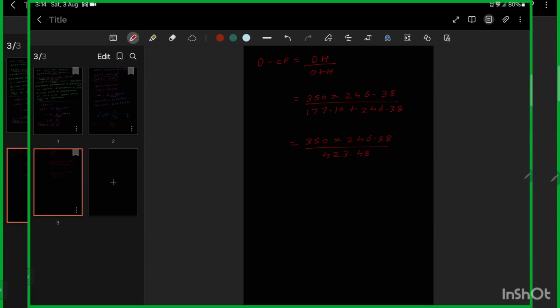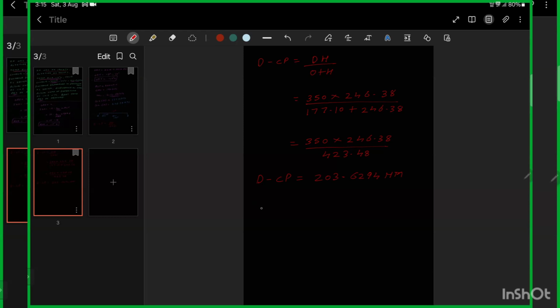If I solve this, therefore distance to CP I'm getting 203.6249 nautical miles. Both of you got this? Yes. Okay. Now distance to CP is found out.